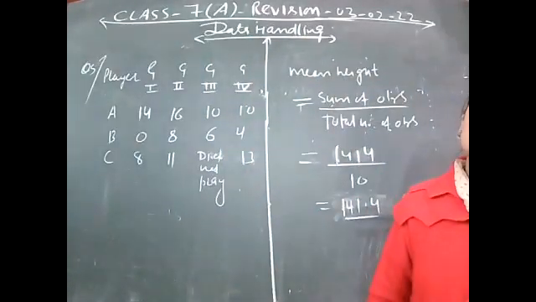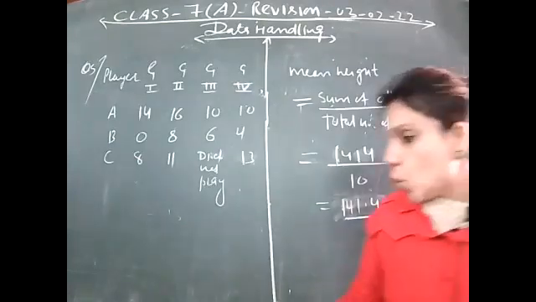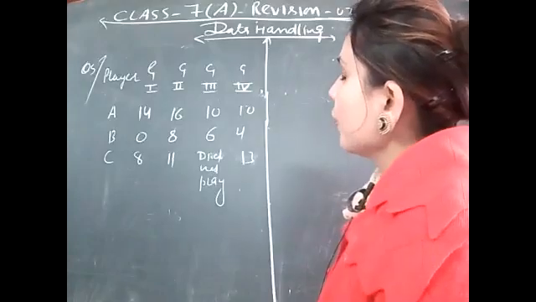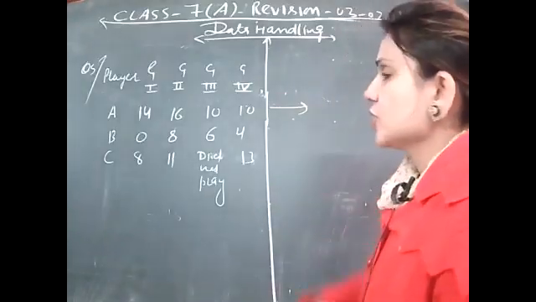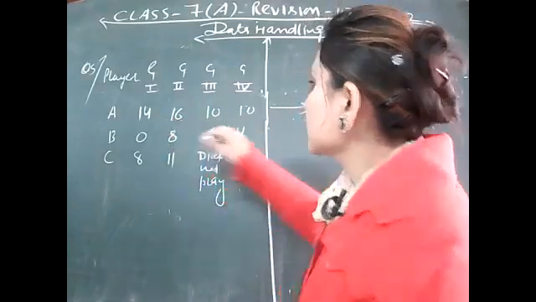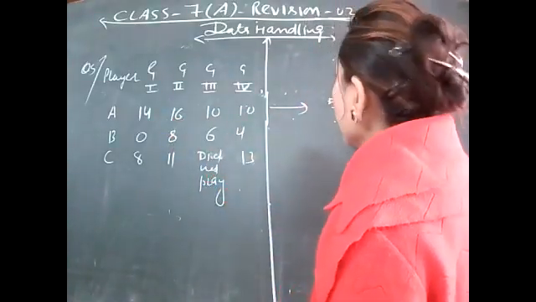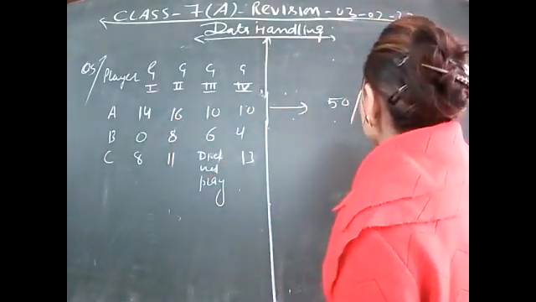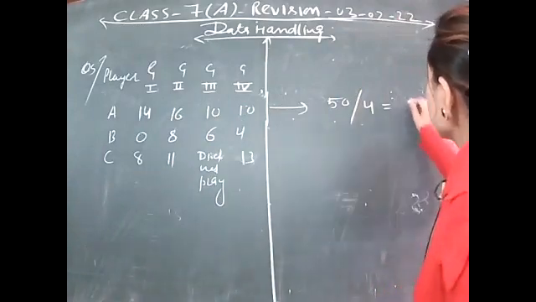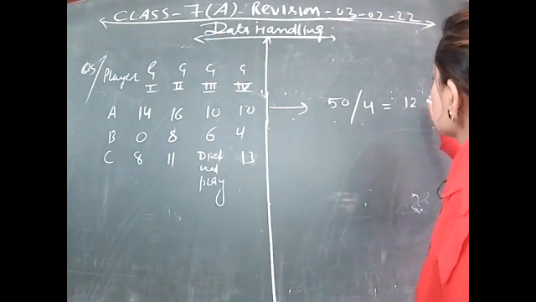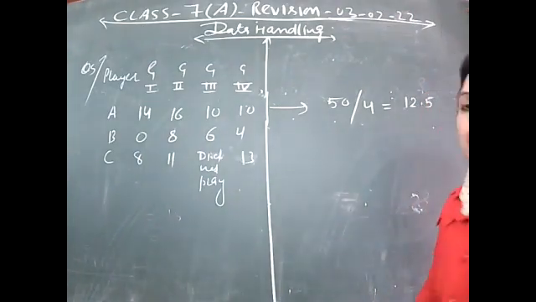First of all, we want to find A's average scored point. What is the average of all the points A has scored? Add all the points. This becomes 50 upon the number of games, 1, 2, 3, 4 games. So A's average is 12.5.